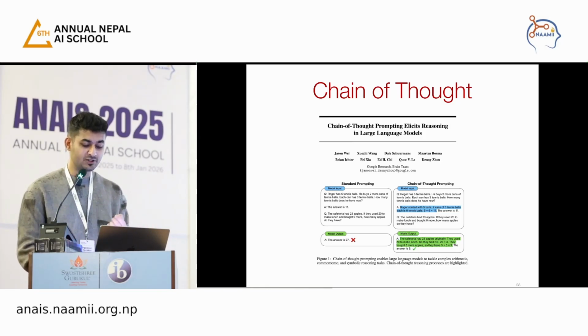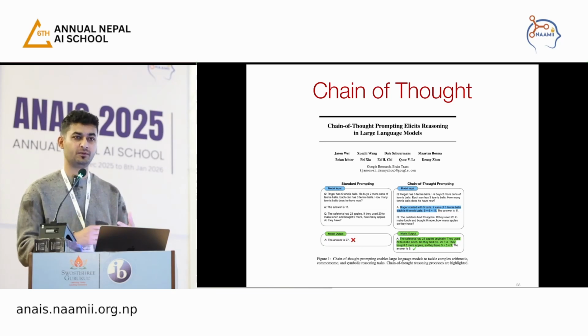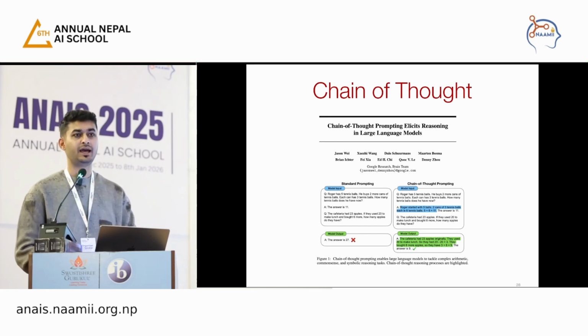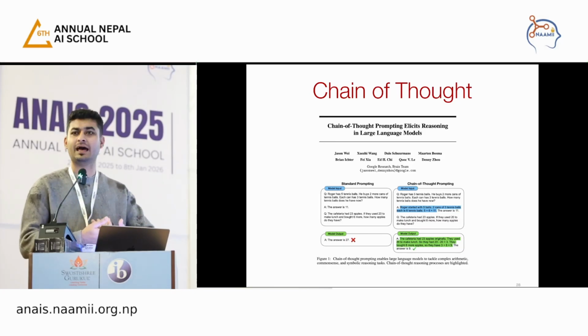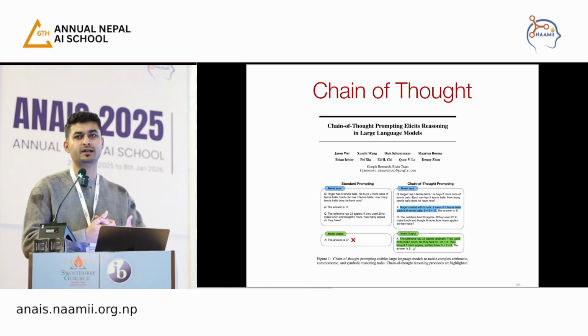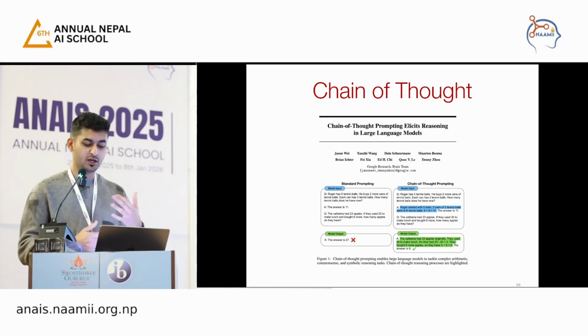But if I give a chain of thought, like how the first example gives this answer 11, if I try to explain to the model, then without doing anything on the model, I can get the correct result. And that has kind of ingrained into people's habits as well. Whenever we prompt and want even better results, if we explain certain rationale and give examples, we often get good results.